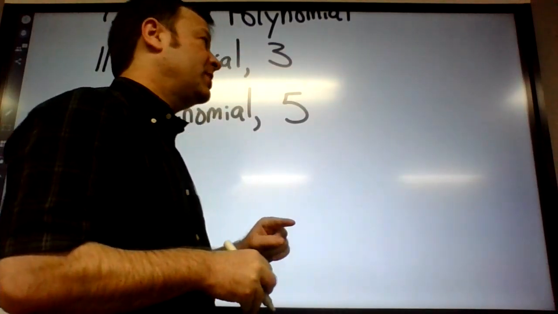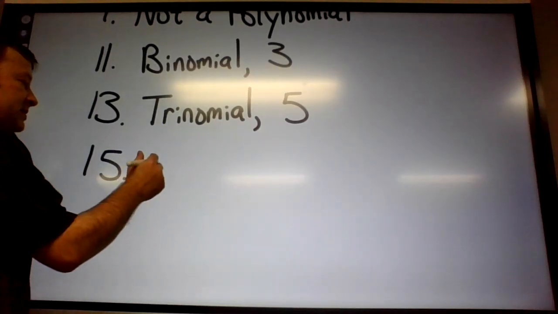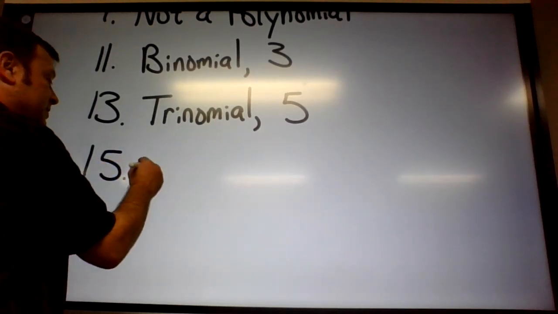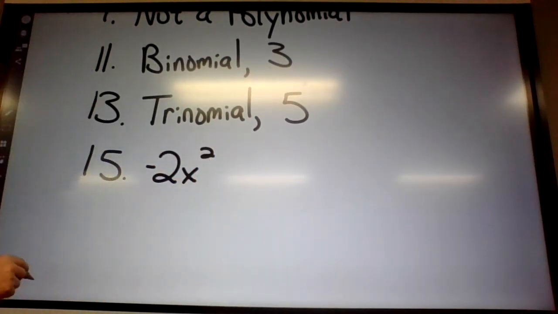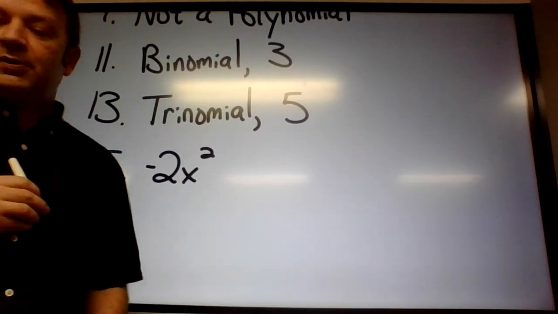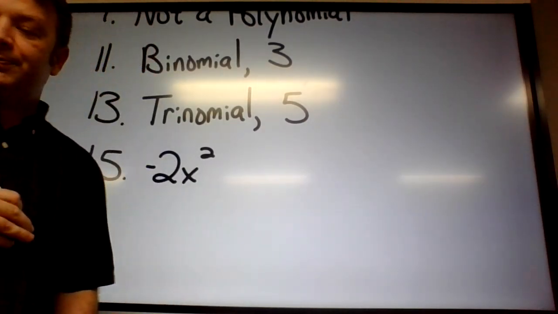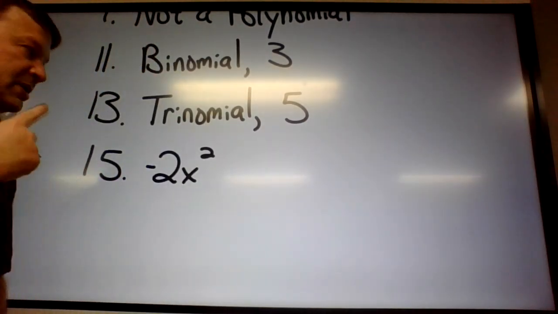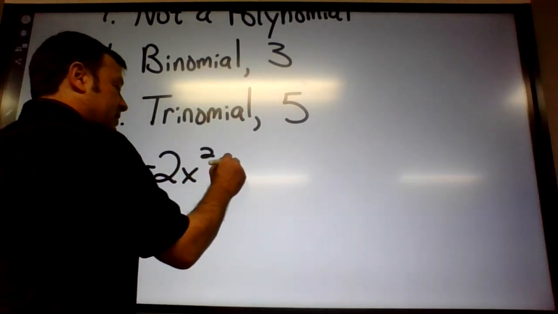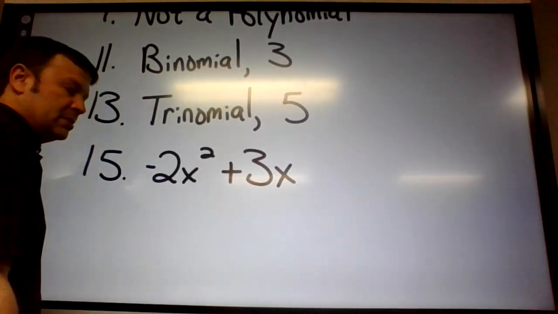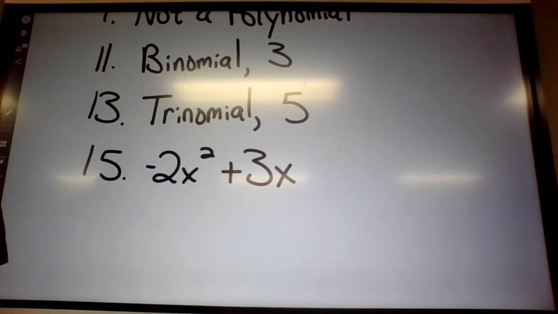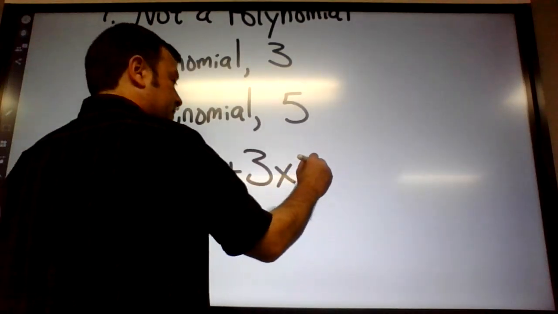Yeah, but that 2x squared we should think of as a negative because there's a minus in front of it. So negative 2x squared comes first. And then what should come next? 3x. Because that's a positive 3x, that would be like a plus 3x. And then that leaves the middle term, the plus 5.